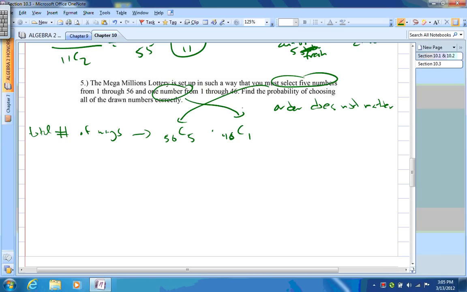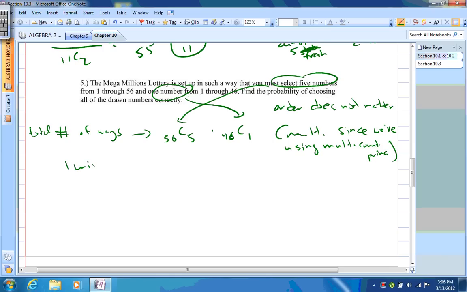So again, all the ways I can pick 5 numbers out of 56, 56C5, all the ways I can pick 1 number from 1 through 46, 46C1. And then we want to multiply, since we're using the multiplication counting principle, because we're counting all the ways I can select 5 numbers from 1 through 56 and 1 number from 1 through 46.